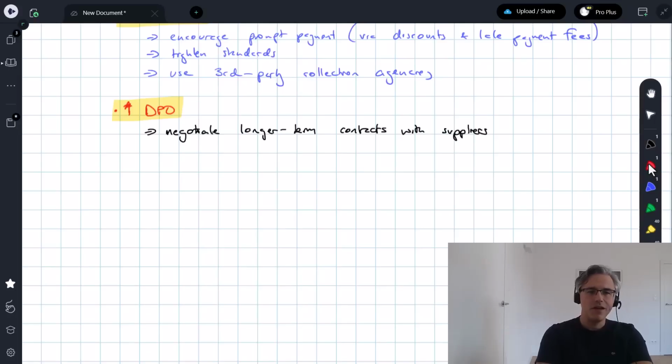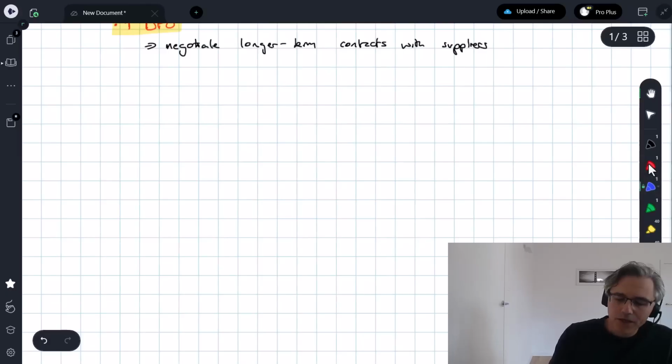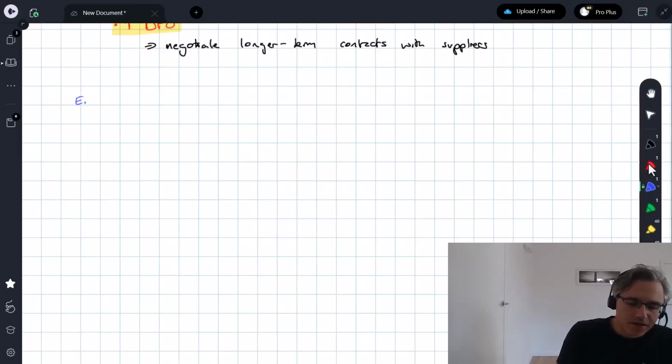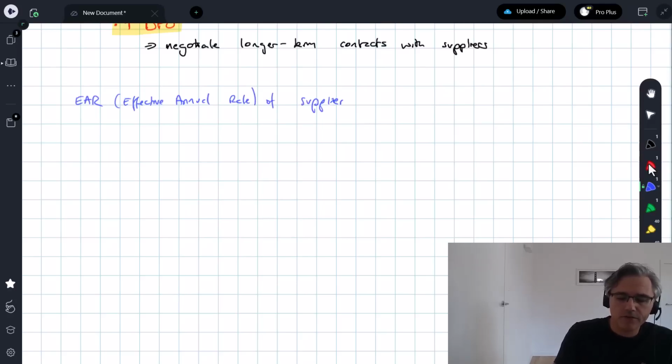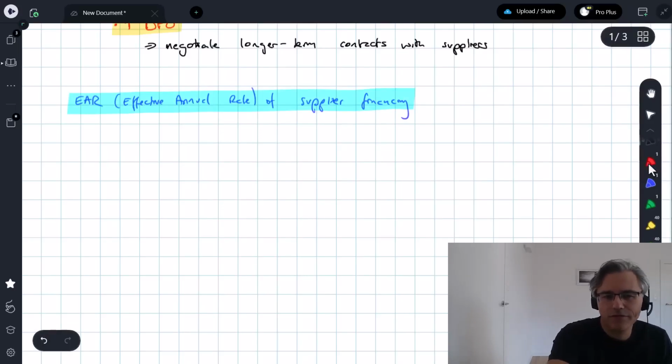Now, one thing that you may need to compute, may be asked to compute, is the EAR. That's the effective annual rate of supplier financing. And the context will always be, for this computation, very simple, although the computation itself isn't that user-friendly.